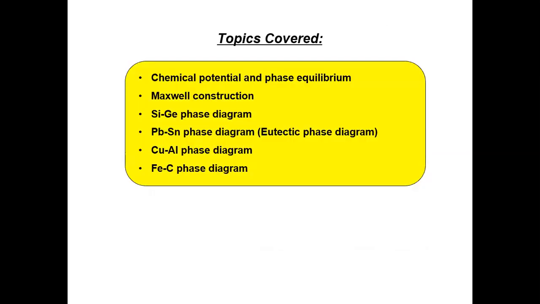So this is a summary of the topics. I know for the last two lectures we have covered a lot of information, mainly on deriving a phase diagram based on the free energy curves, where we do a Maxwell construction or double tangent construction.